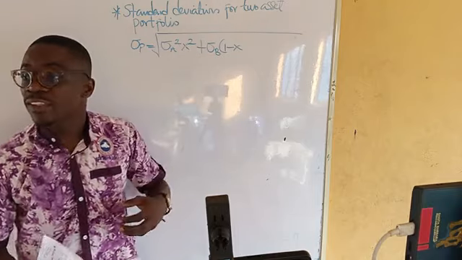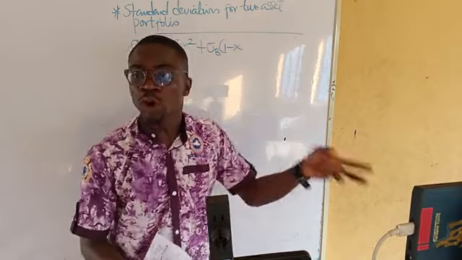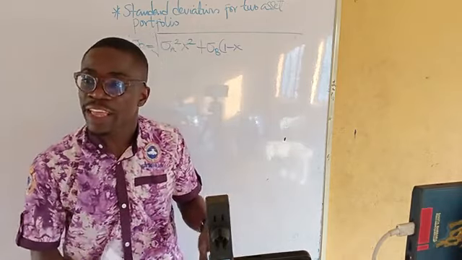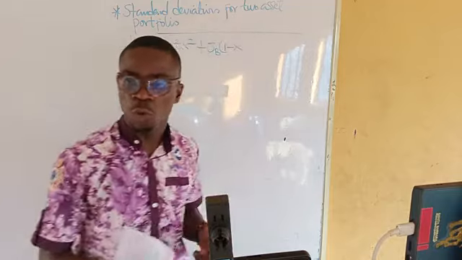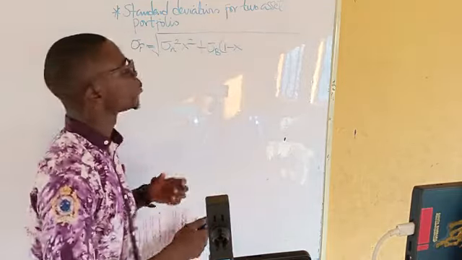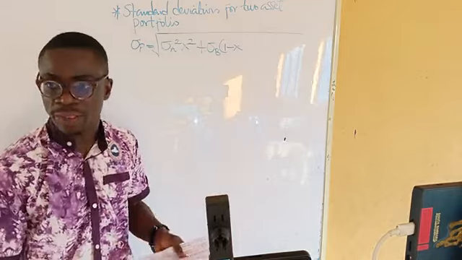So if you invest 75% in A, you know that the remaining balance will be invested in B. So which will be what? 25%.